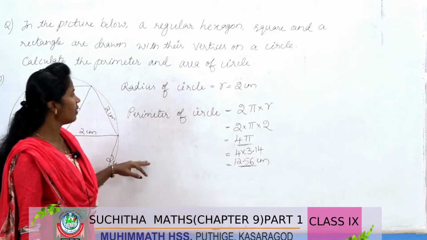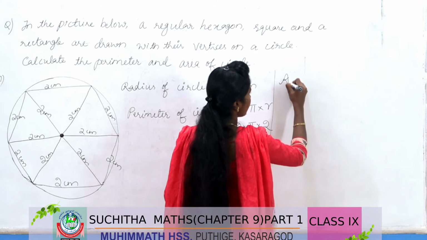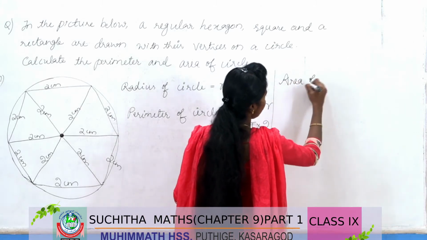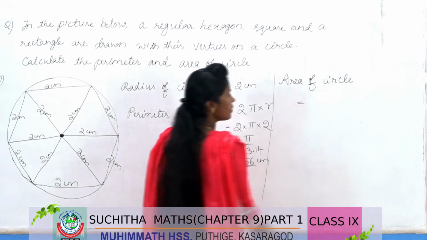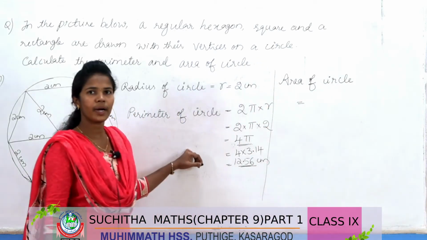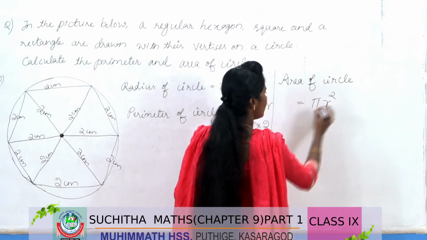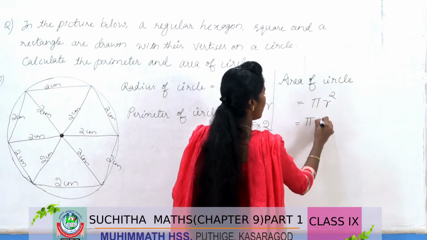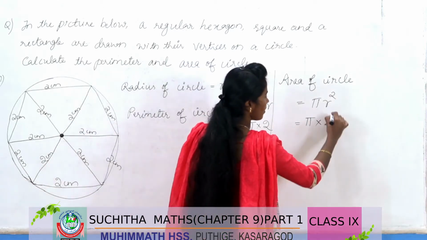Okay. Then the area of the circle. The equation for the area of a circle is pi into r square. That is pi into r, where r is 2 centimeter, 2 square.